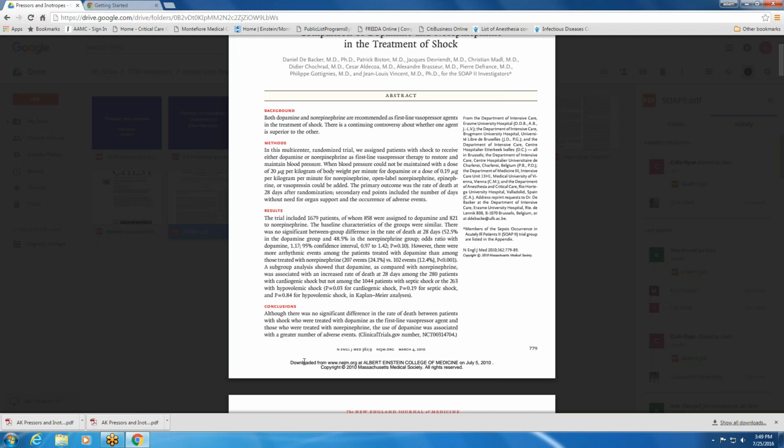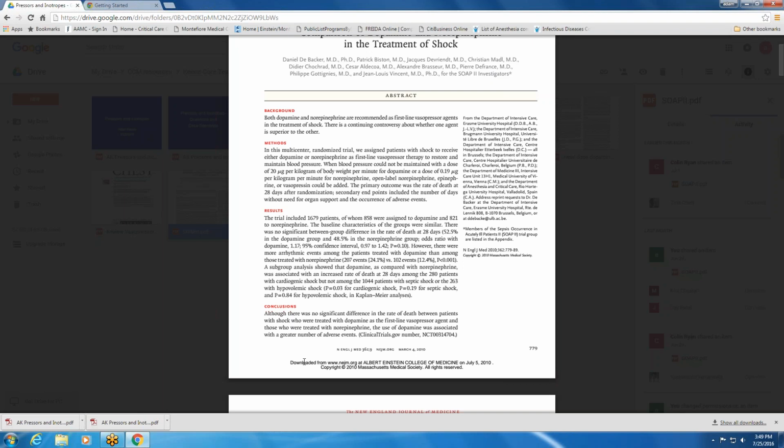Dopamine is an agent that has varying effects at varying dosages. At low dosages, it has more dopaminergic and beta agonist effect.